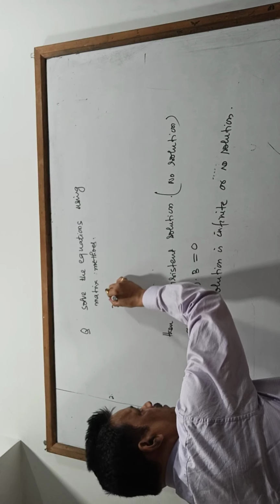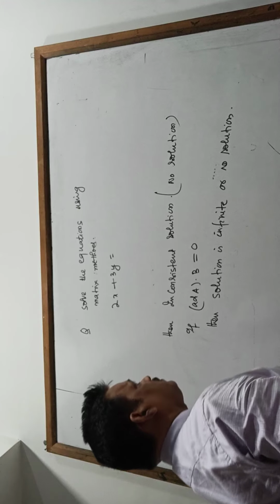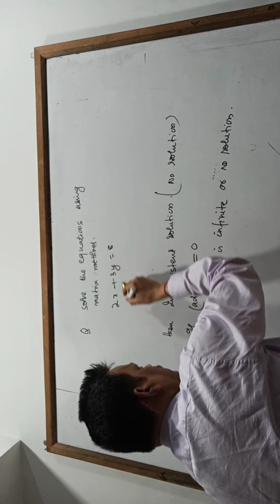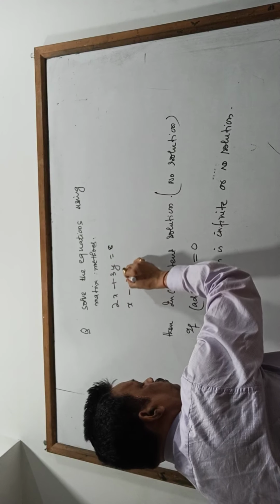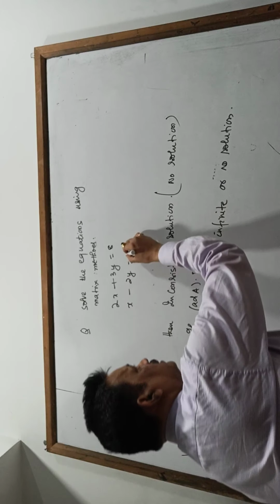Suppose 2x plus 3y is 8, x minus 2y is minus 3.